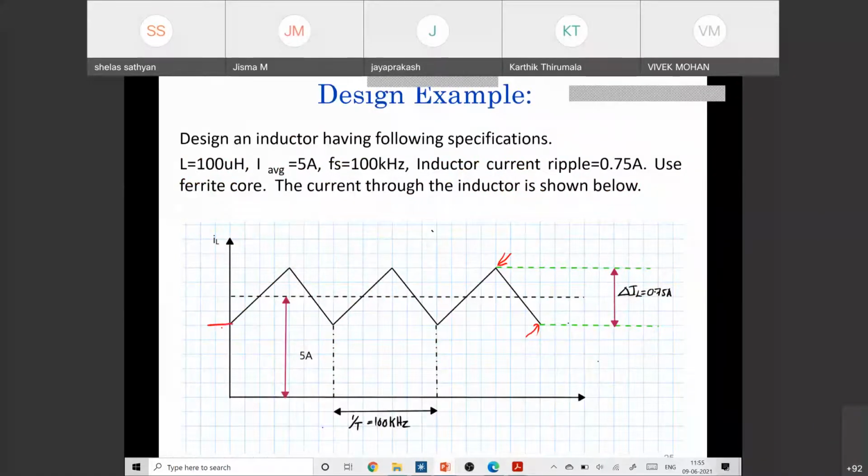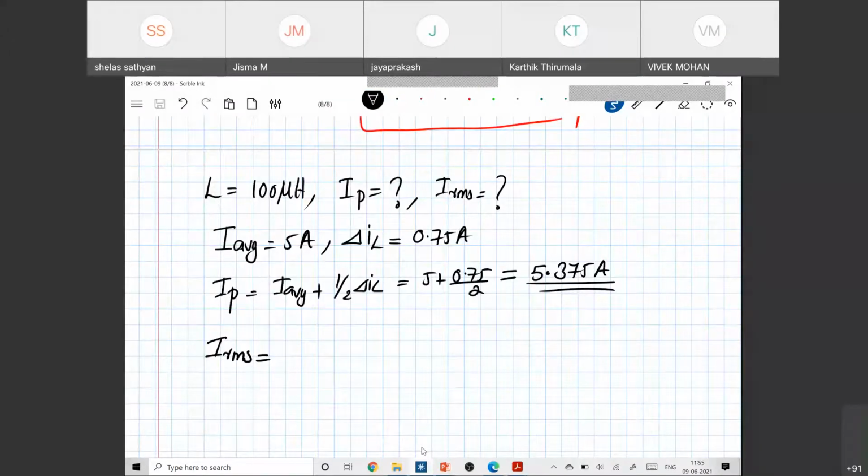This value is I average minus delta IL by 2. This value is I average plus delta IL by 2. And you know this value also. From this waveform, you can find out easily the average value, RMS value. Or otherwise, you can find out the area and do that work. I'm not spending time on it.